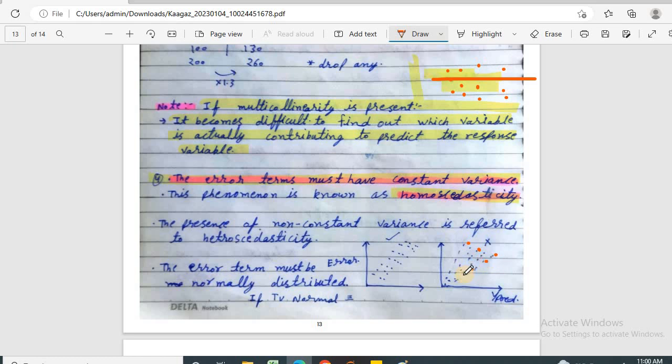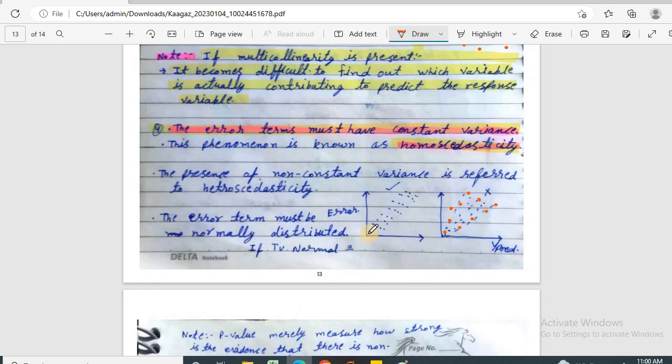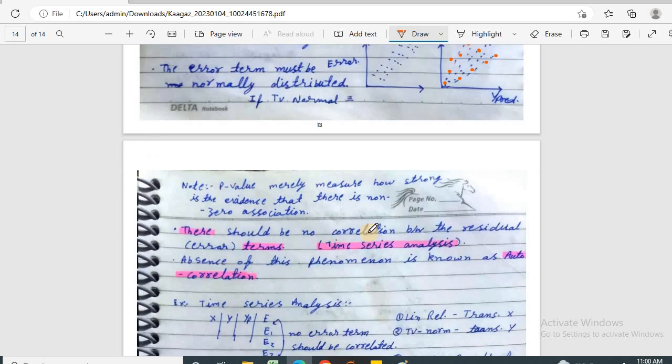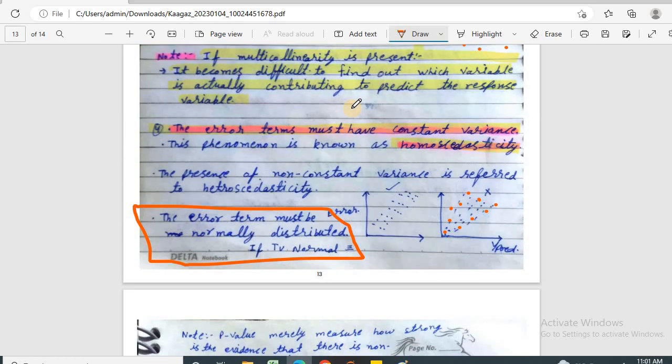It means we cannot fetch any more information from there. The presence of non-constant variance is heteroscedasticity. And with the help of statistical theory, we know that the error term must be normally distributed if the target variable is normally distributed.